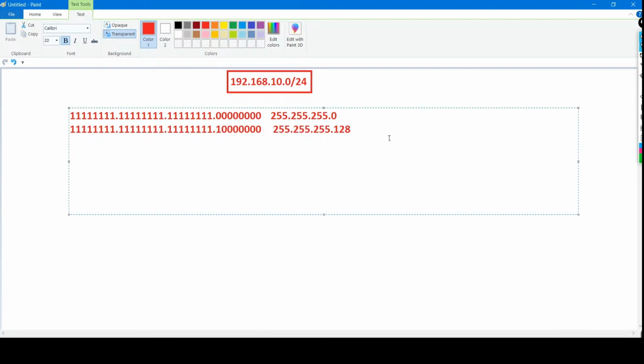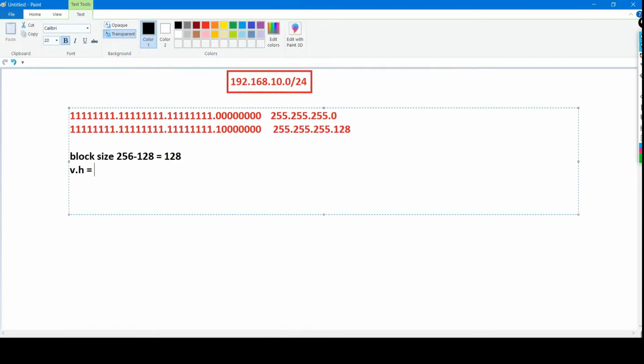What will be the block size? 256 minus 128 is 128. So the block size is 128. What will be the valid hosts? 2 to the power h, where h is the number of host bits.